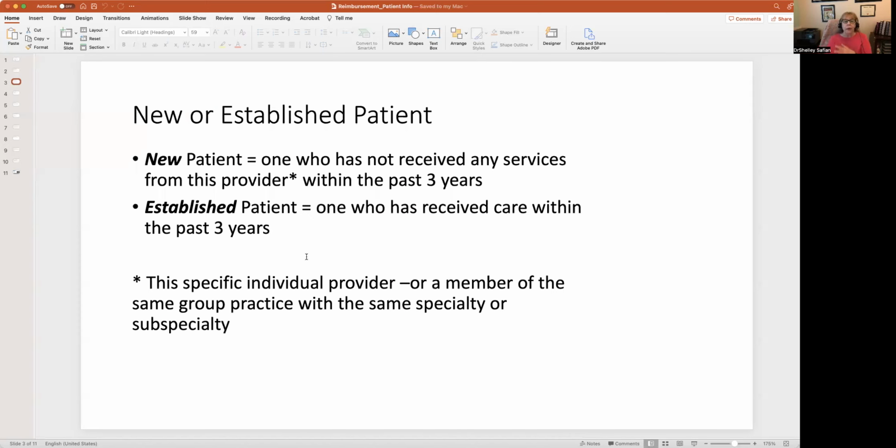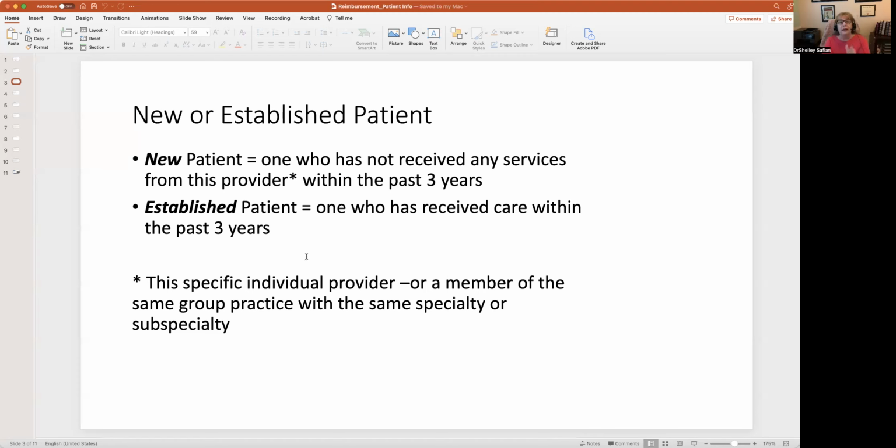Now, another thing that we come across, especially when it comes to CPT coding, which is reporting of outpatient services and physician services in any location, is understanding the difference between a new patient and an established patient.